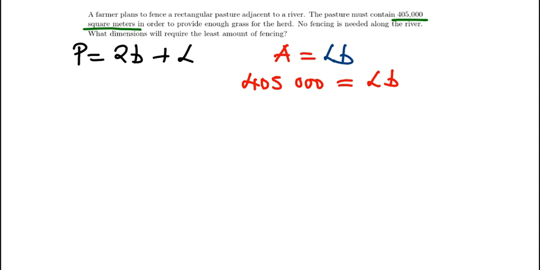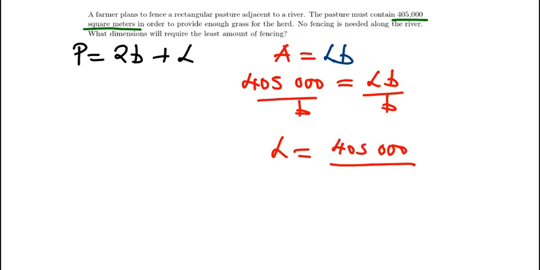If we make L the subject, we divide by B on both sides. So L becomes 405,000 over B, and then we can substitute in the other equation.